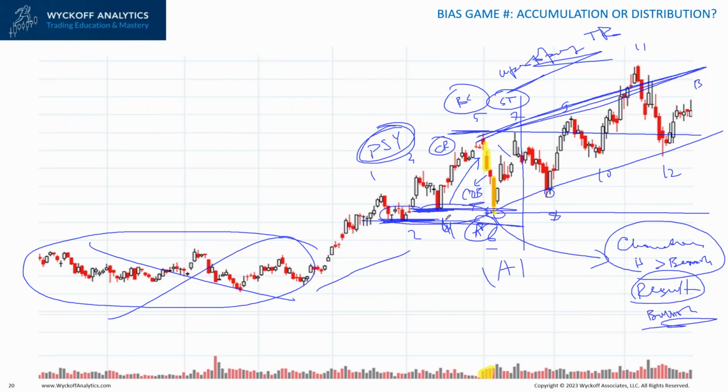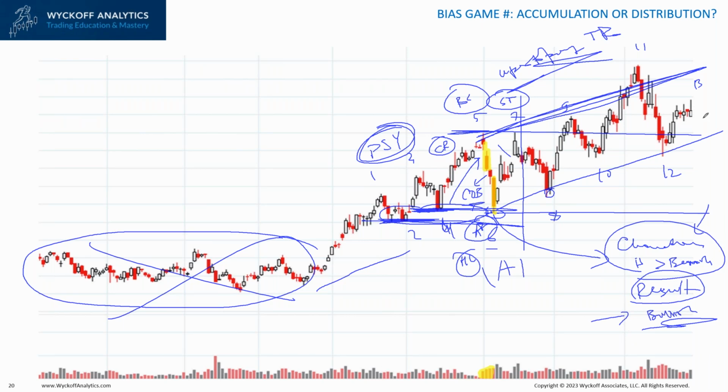This is the area of the support, and we didn't fully break it, so we could consider this a higher low. Did our bias change from up to down on this change of behavior? No. Even though the character is bearish, we can't change the bias because the structure was not broken.